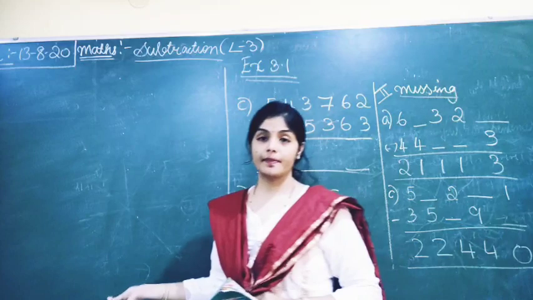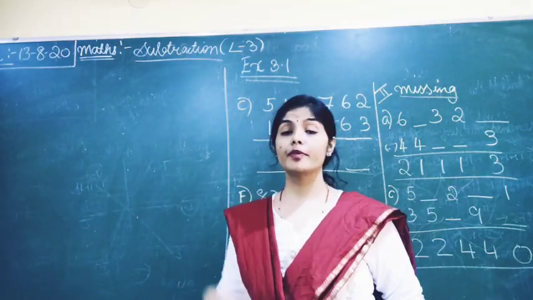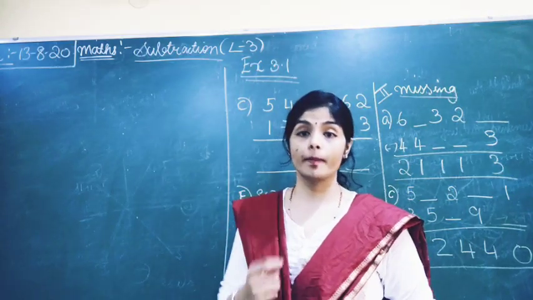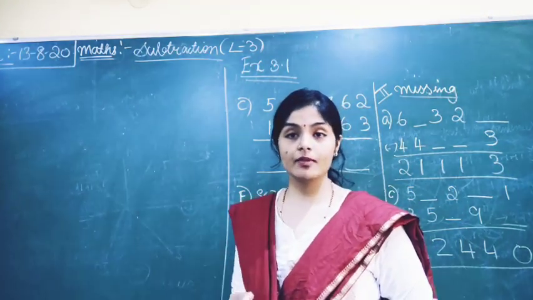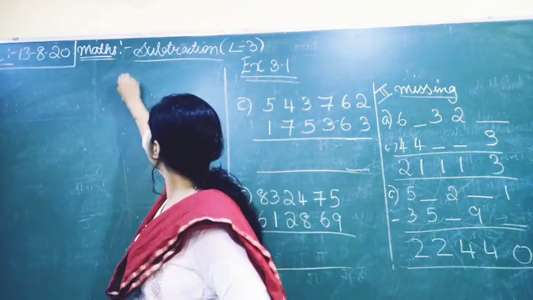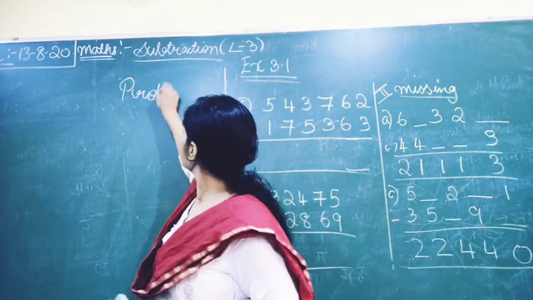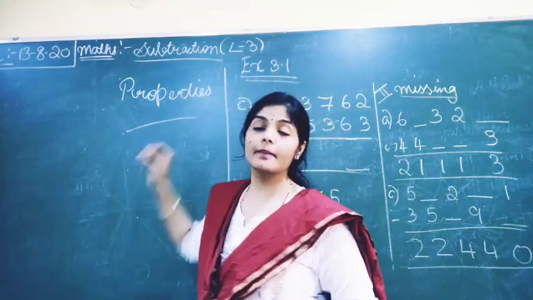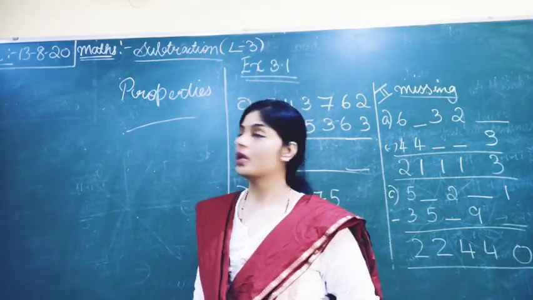Before we start subtraction, do you remember before we started addition, we had certain properties for addition, right? The same way, before we can start subtraction, we have certain properties. Can you tell me the properties for subtraction?